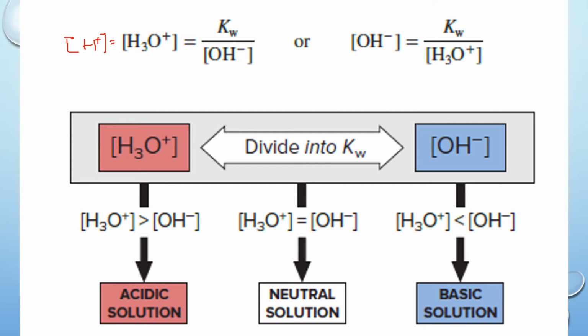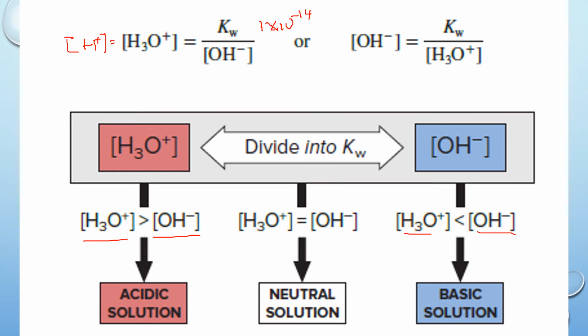So using this water dissociation constant, at room temperature, is equal to 1 times 10 to the negative 14. So if you know the concentration of hydroxide, you can calculate the concentration of proton, or the other way. And again, to tell whether a solution is acidic, basic, or neutral, we just compare the concentration between this proton and the hydroxide.